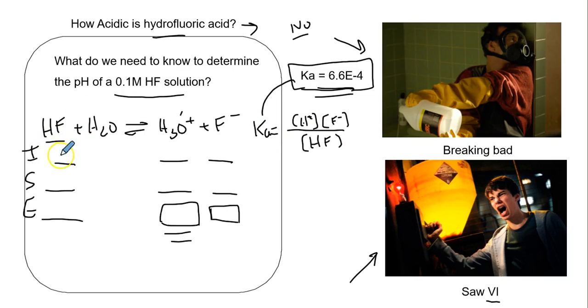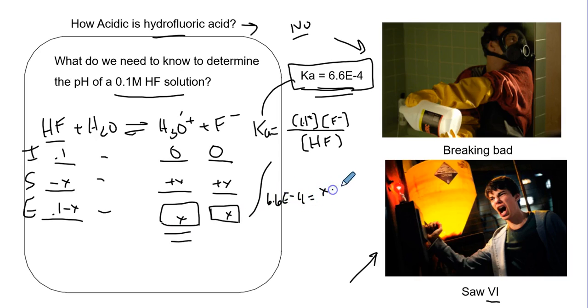HF is 0.1, and the products are 0 and 0, so minus X, plus X, plus X: 0.1 minus X, X, and X. Of course, plugging these in, 6.6 e to the negative fourth equals X times X over 0.1 minus X.